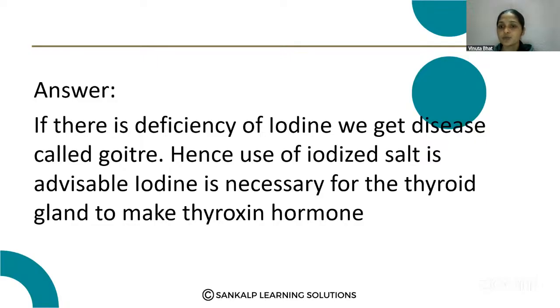Hence the use of iodized salt is advisable. Iodine is necessary for the thyroid gland to make the thyroxine hormone. Without iodine, the thyroid gland is not able to produce thyroxine. So iodine is very necessary for this gland to work properly.